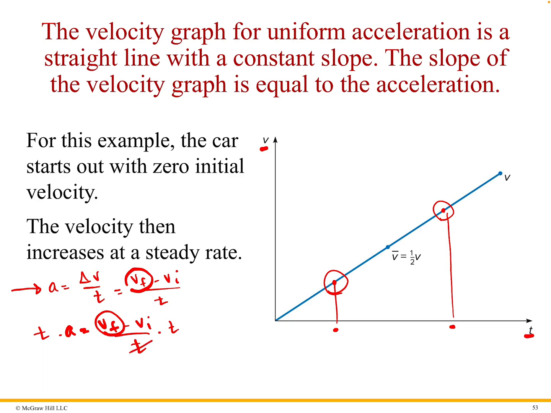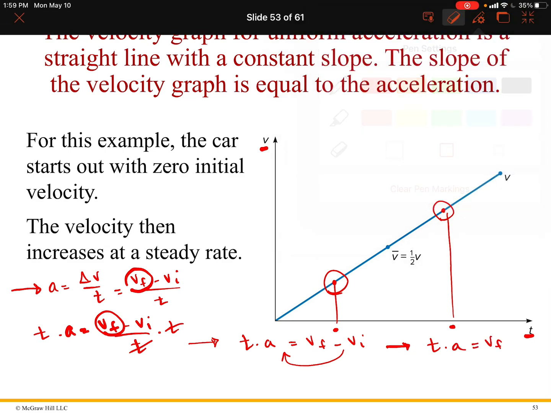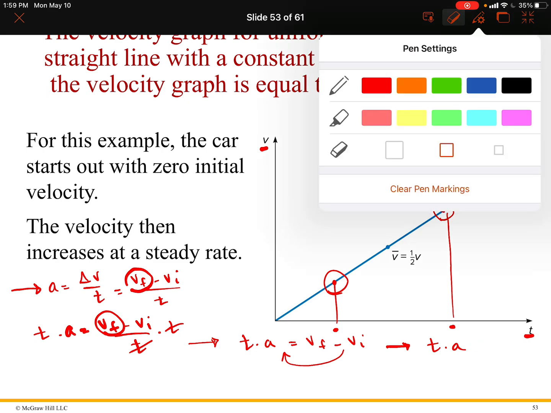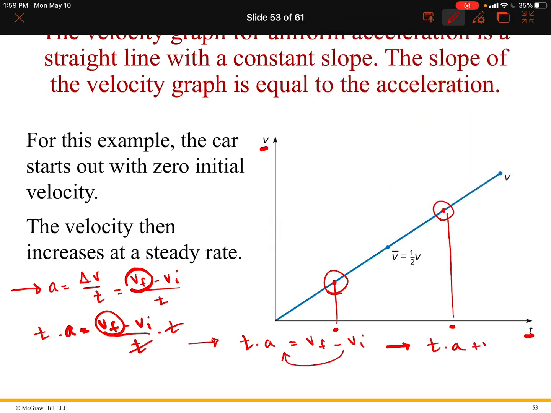You multiply by the denominator. So now it looks like this: T times A is equal to VF minus V initial. Now how do I get this initial velocity over to the other side? Well, I add it. So T times A is equal to final, or, didn't add my initial, did I?